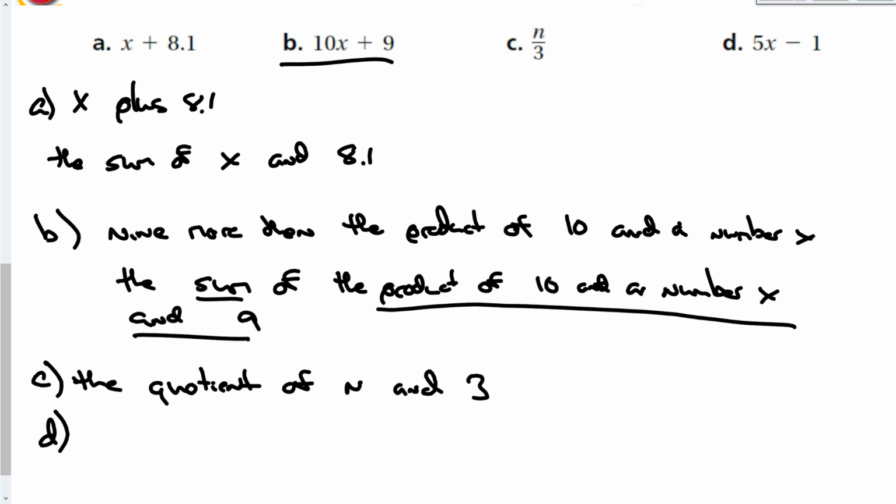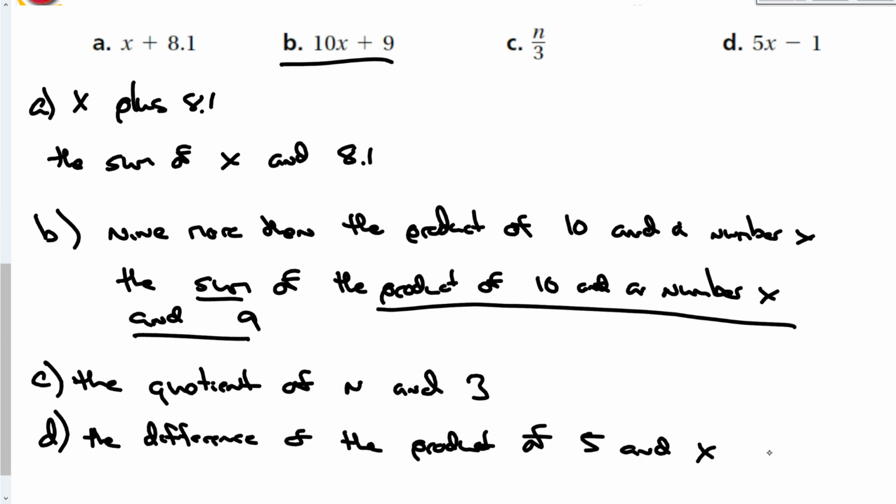And we can easily say 5 times x minus 1, but we want to be a little bit more clear, and so we can say the difference of the product of 5 and x and 1.